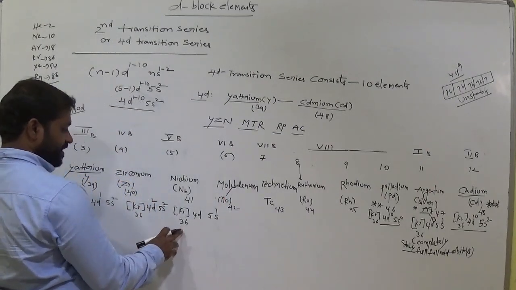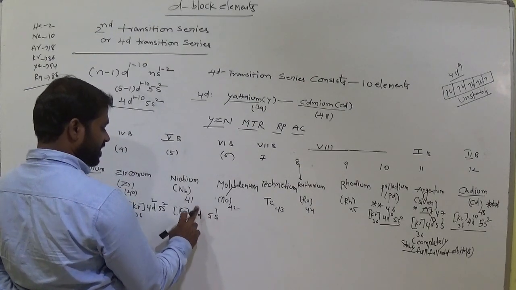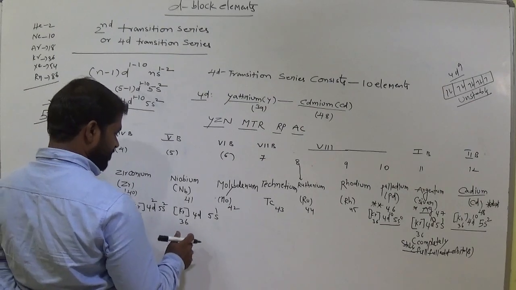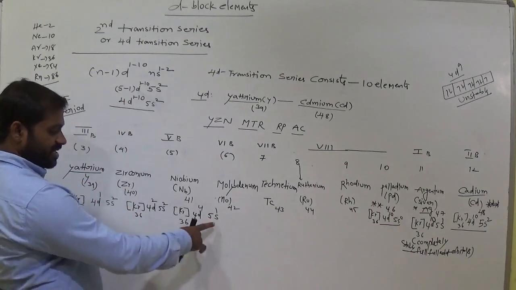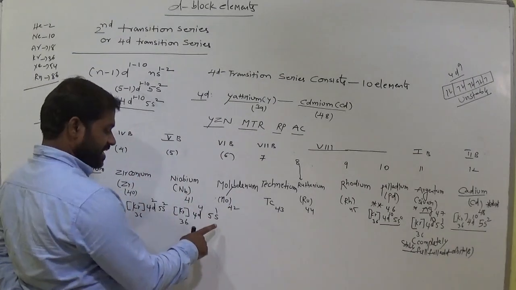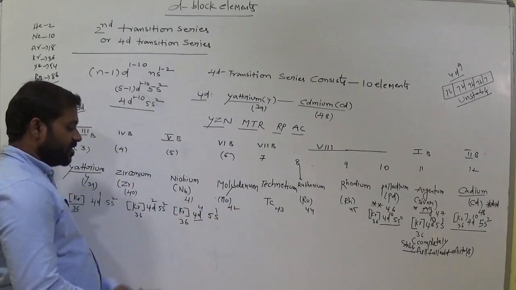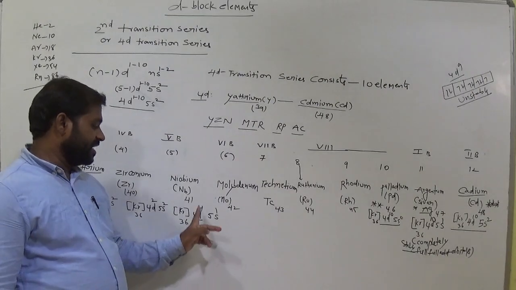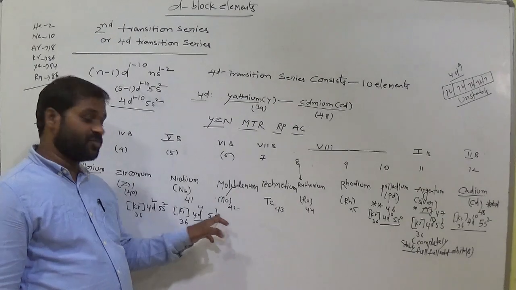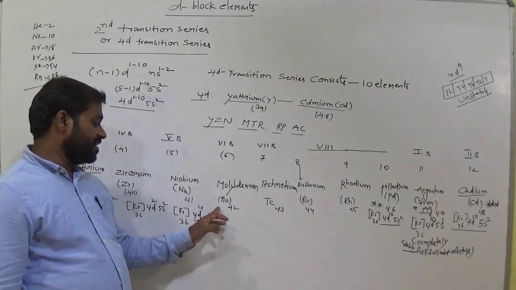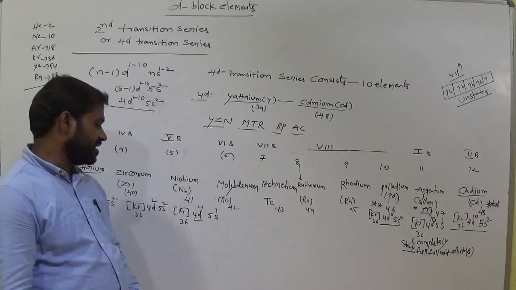So count it now. 36 plus 1, 37. 37 means how many electrons do we need? 37, 4 electrons, 40, 41. In this exception condition, in the S orbital only one electron is there. So 4d4 actually, 4d3 5s2. First electron enters into S, that means it is 5s2 4d3. But one electron enters into 4d. So 36 plus 4, 40, 41. Remember this.